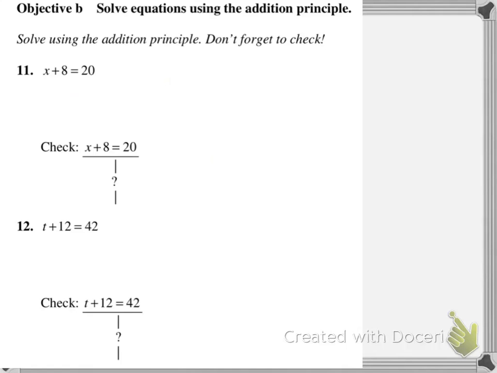So if we are solving this equation and learning the procedure, x plus 8 equals 20. We want to get x by itself. Right now there's that plus 8.